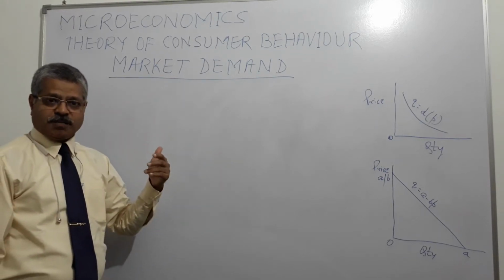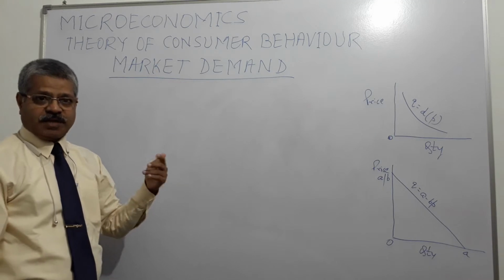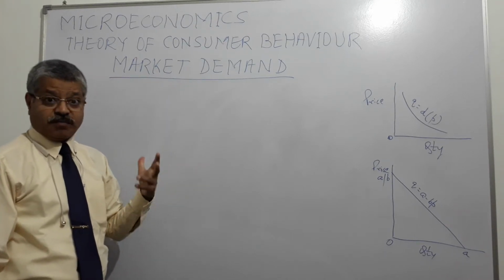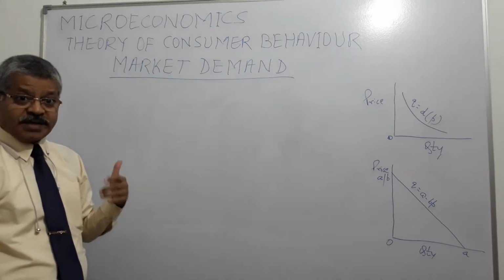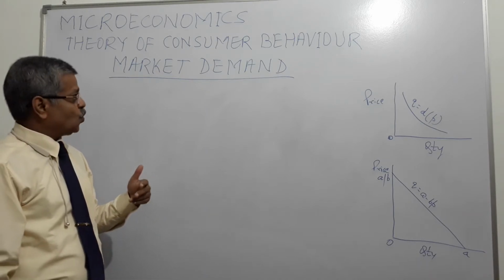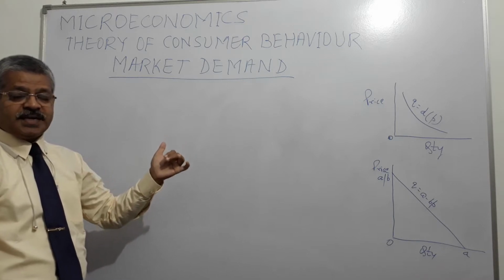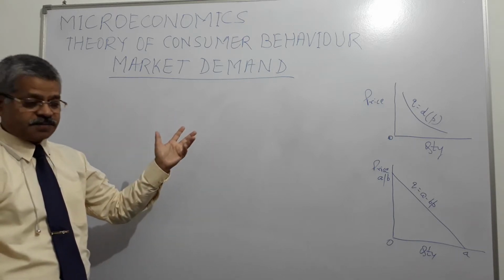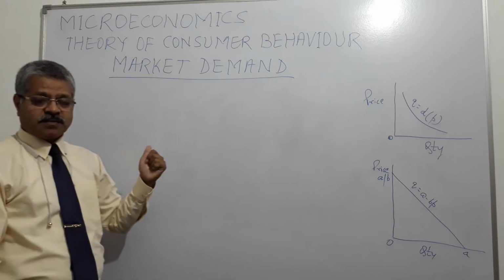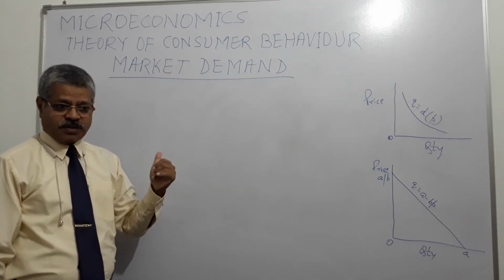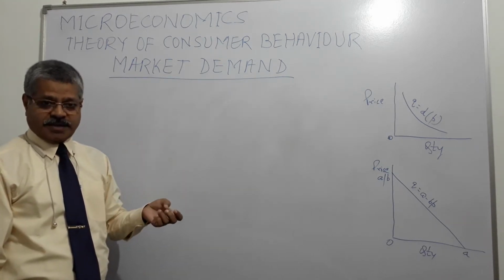In any market there will be so many consumers, not only one consumer. So at any point of time, we would like to know what the market demand is, meaning the aggregation of the individual demands. So how do we do that? Suppose there are two consumers in the market.